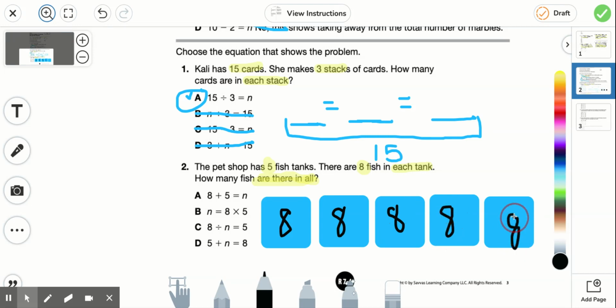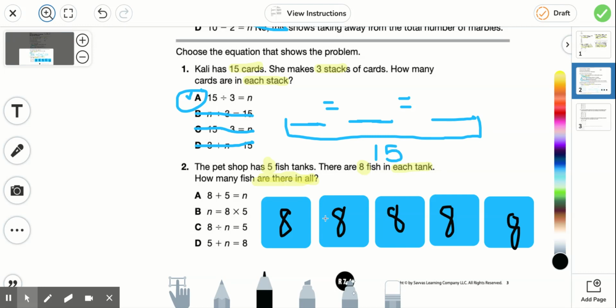And I want you all to notice, before I even pick one of these equations, I haven't even looked at these yet. I'm drawing a picture first, like I did with number 1. Drawing a picture first and then looking at our options makes it so that I don't make a mistake as easily. Because I could look at one of these and say, oh yeah, it says each, it must be dividing.